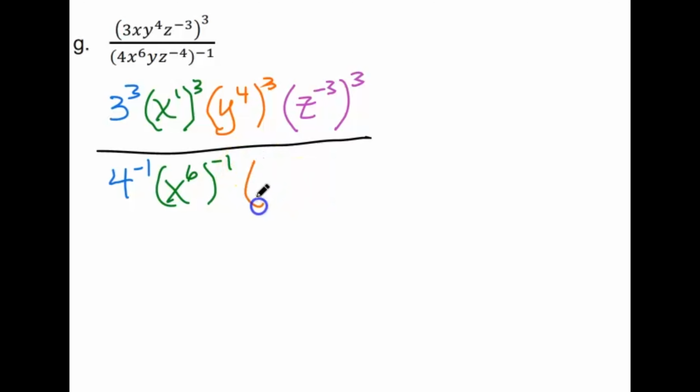So I've got y to the first raised to the -1 power. And then I've got z to the -4 raised to the -1 power. Okay, so let's go ahead and do the simplification that we can see that we need to do here.